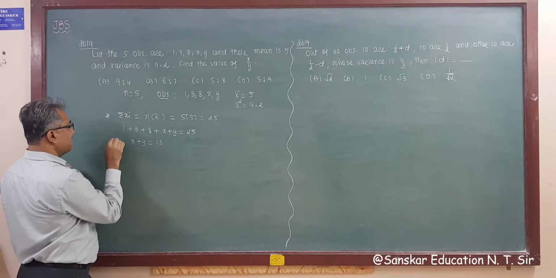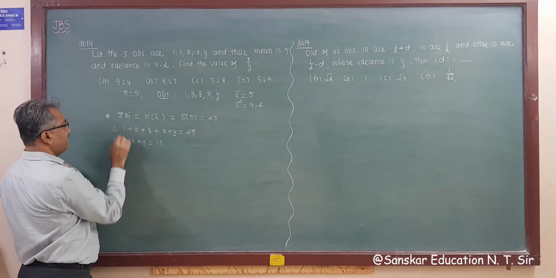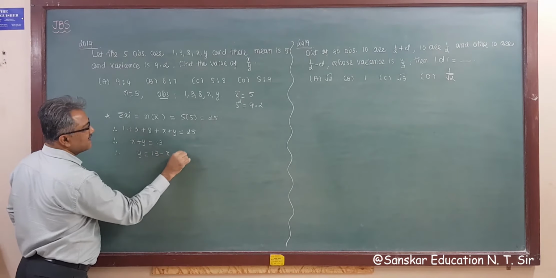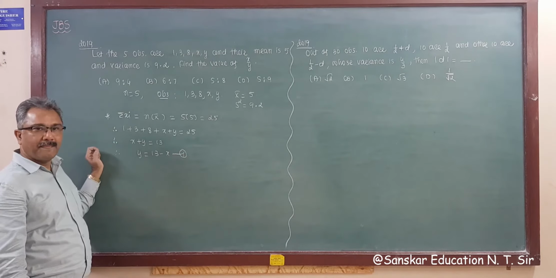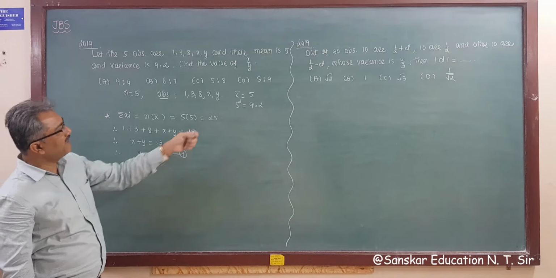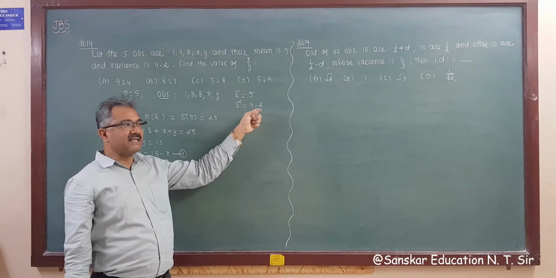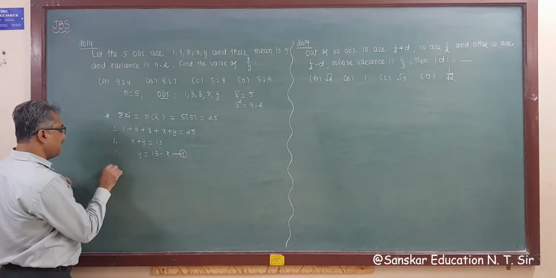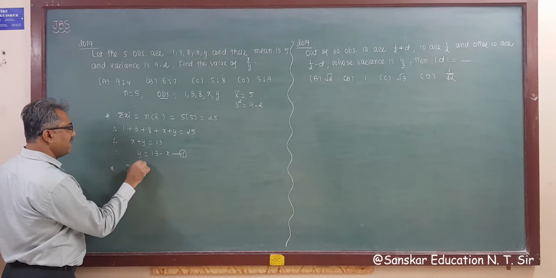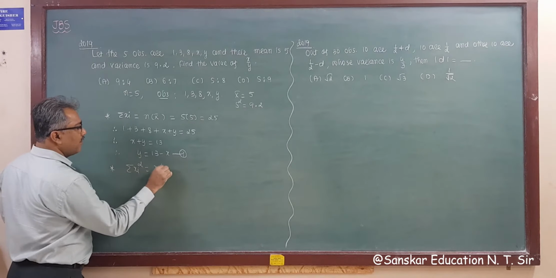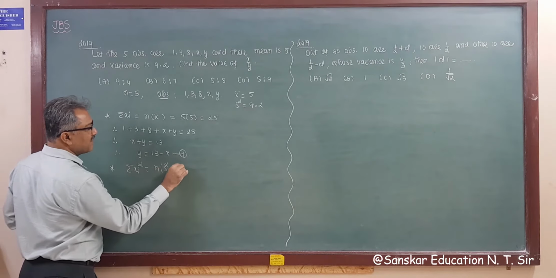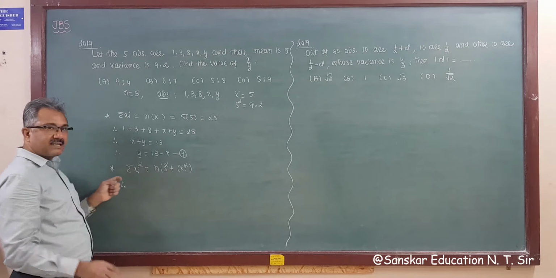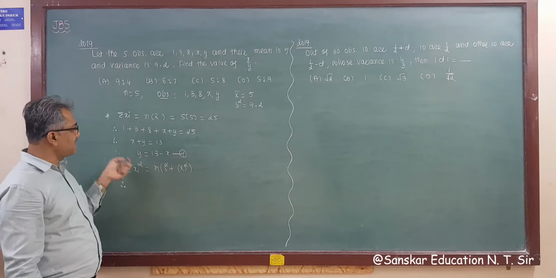From this, y is equal to 13 minus x, say equation number 1, right? Now the variance s square is 9.2 given. So we need sigma xi square. The formula is sigma xi square is equal to n into s square plus x bar whole square, where sigma xi square means the sum of the squares of the observations.